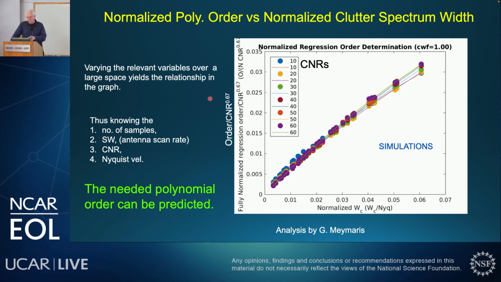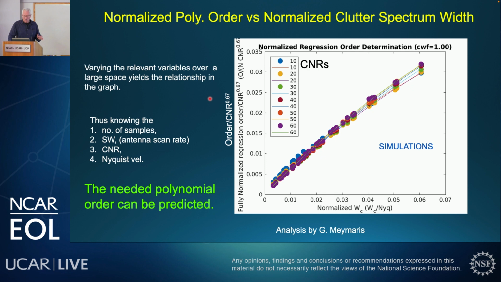And so what he's done here is a number of simulations over that parameter space that I showed you: the number of samples, the spectrum width, the clutter to noise ratio, the Nyquist velocity. He made a plot of the normalized clutter spectrum width on the bottom axis, and on the vertical axis is the order normalized by clutter to noise ratio raised to the 0.67 power.